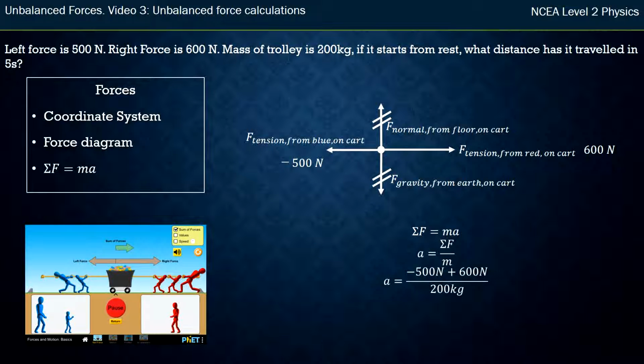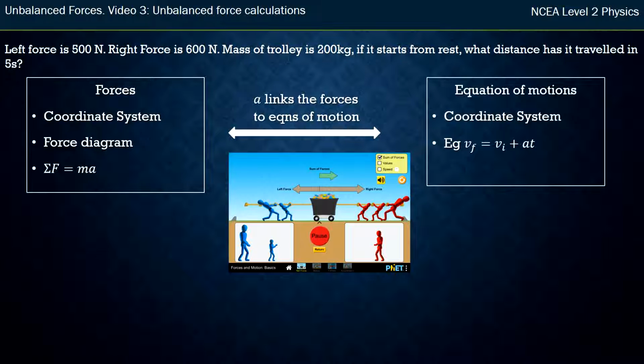It's really important. So 600 plus negative 500 is 100 newtons, divided by the mass of 200 kg, and we work out the acceleration is 0.5. Remember, that acceleration links the idea of forces with the equations of motion. I've found an acceleration of 0.5 using my forces, and that's the same acceleration that will sit with my equations of motion.